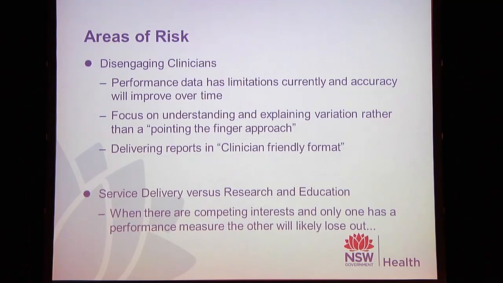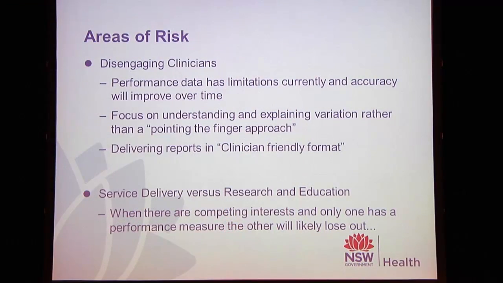Some areas of risk have been identified, particularly more recently over the last 3 months. If you're going to put all this information, time and effort into engaging and educating clinicians, you don't then want to disengage them. And one of the things that will do this is generating data reports that show data that's not actually correct.